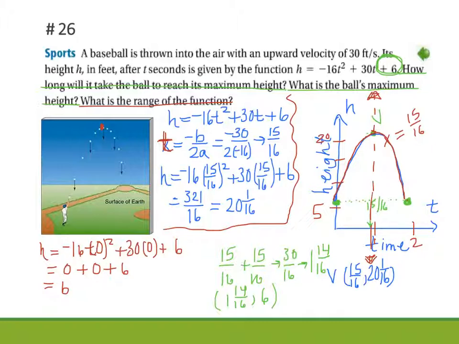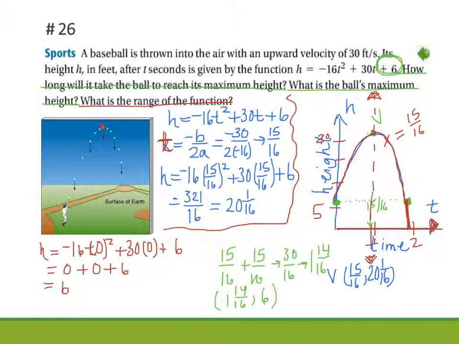Will the ball continue to fall? Yes, the ball will continue to fall because there's nobody there to catch it. So the ball continues to fall until it hits what? It hits the ground. And the ground here is this axis, 0 feet, a height of 0 feet. Knowing this will enable us to answer this question: what is the range of the function? The range of the function is all of my height values.